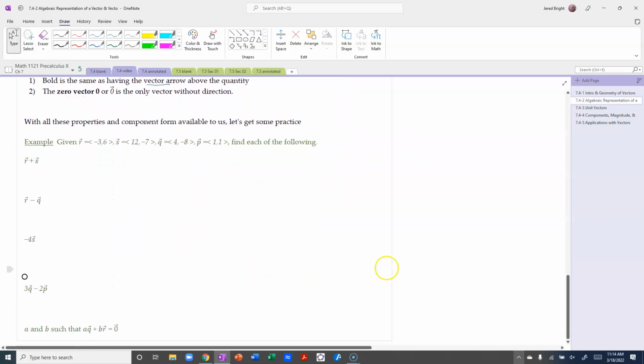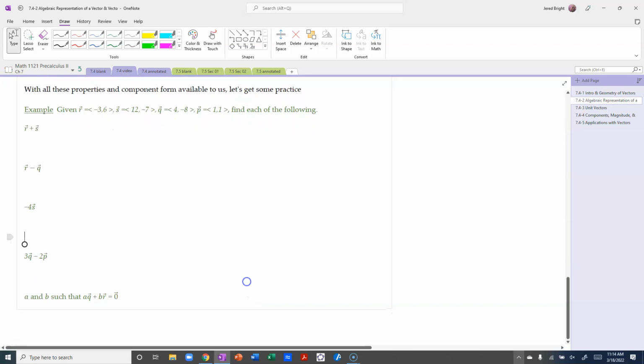Okay, so now we have several vectors, oh man, a lot of things. And we want to find each of the following. Okay, so vector r plus s, right? This is saying take vector r, which is given by -3, 6, and add to it vector s, 12, -7. Okay, and so then we add it, and you add component-wise.